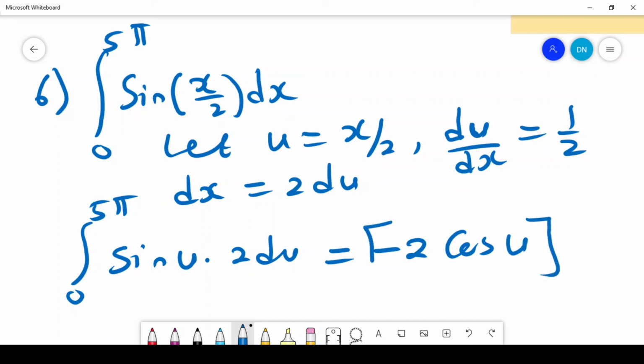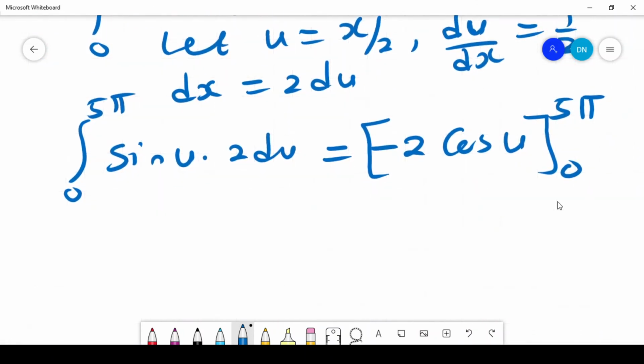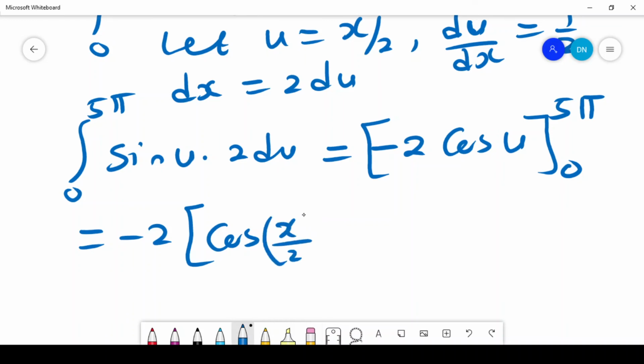But before I can substitute my limits of integration, I have to rewrite back in terms of x. Otherwise, I have to do a full transformation of the limits. It will be minus 2 cos of x over 2, from 0 to 5 pi.